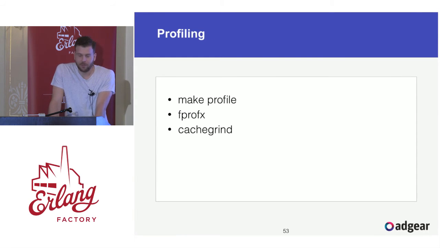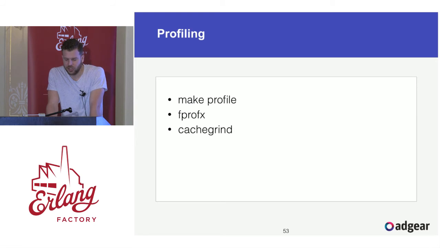So for Shackle and all the clients I've built, I've started implementing a make target, which is make profile. It uses fprof_x, which is kind of an fprof clone, but you can remove the sleep time, and it does the conversion to a format that you can read in cachegrind.